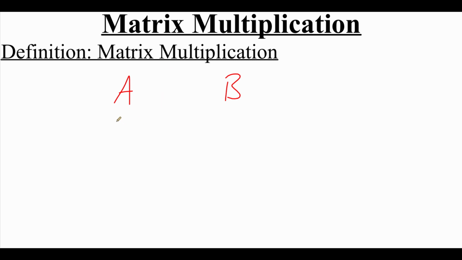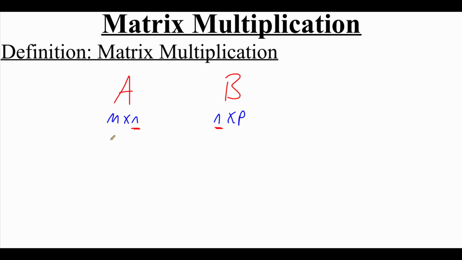So let's say matrix A had an order of m by n, and let's say matrix B had an order of n by p. What I want you to notice is that these middle numbers, the number of columns from matrix A and the number of rows from matrix B, need to be the exact same number in order for us to be able to multiply these together. If this number is not the same, then we cannot multiply these together.